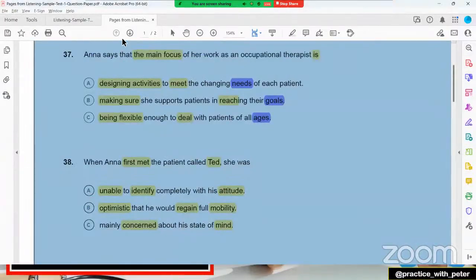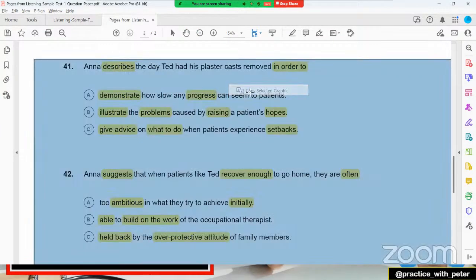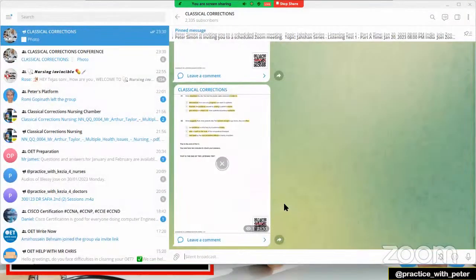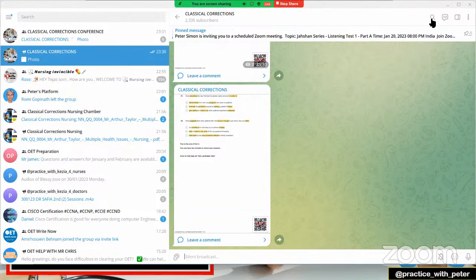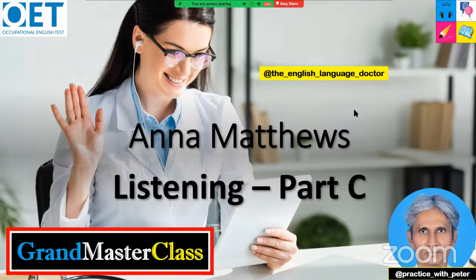The important words. So I'll put them there. You can go through them later. What are the words? Everything is there in the classical correction channel.